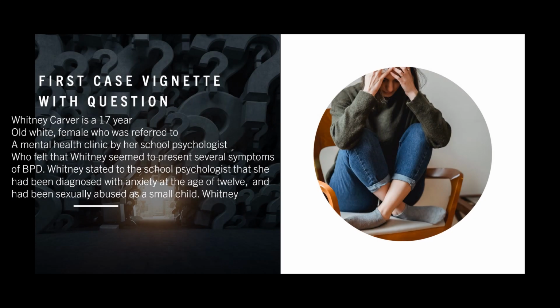Let's take a look at this first vignette that describes a young girl named Whitney Carver. She's a 17 year old white female who was referred to a mental health clinic by her school counselor. The high school counselor felt that Whitney seemed to present several symptoms of borderline personality disorder.